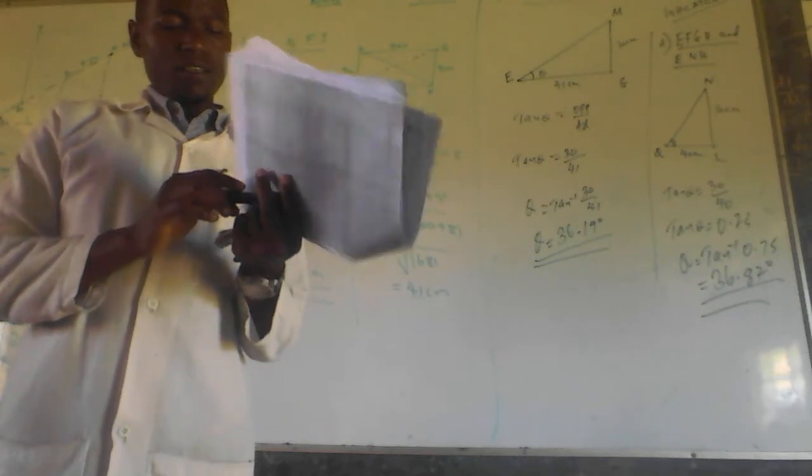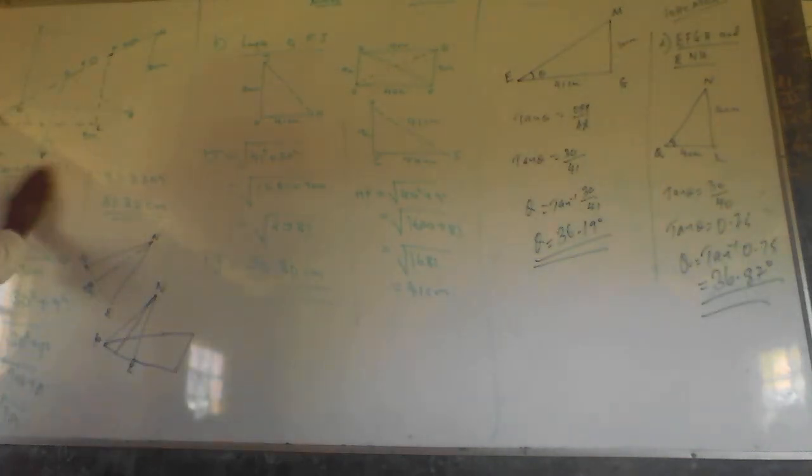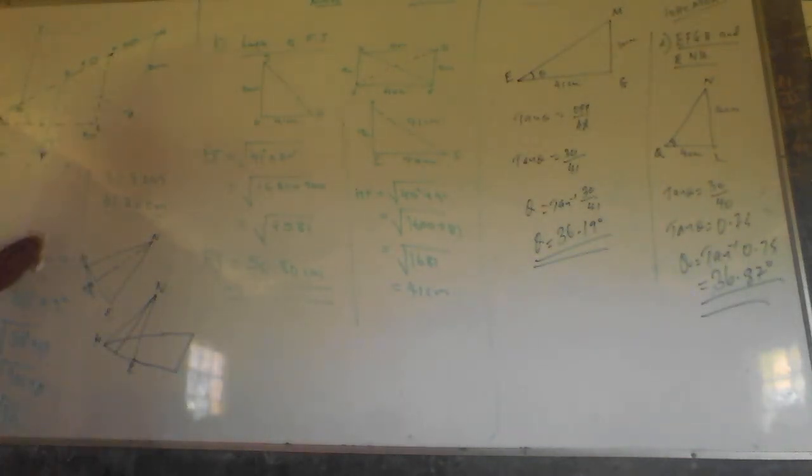We go to part E. Someone to read that. The angle between the lines EH and GF.